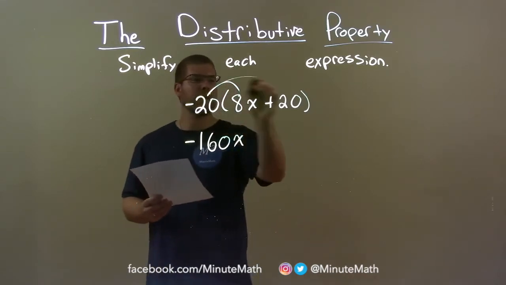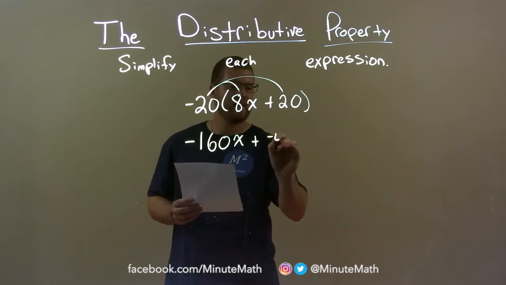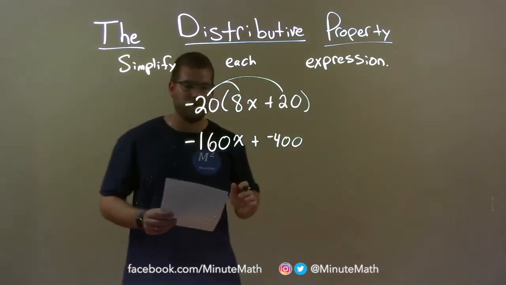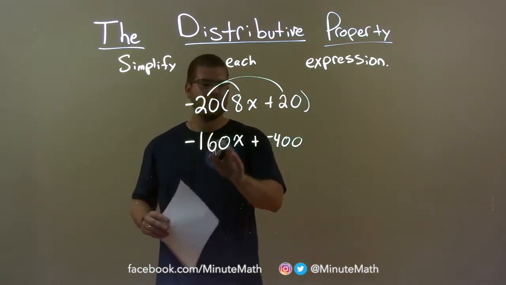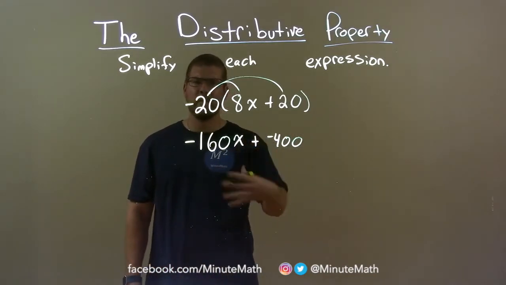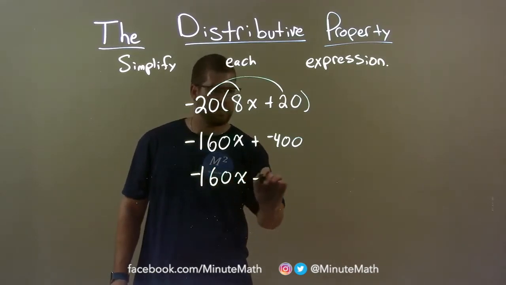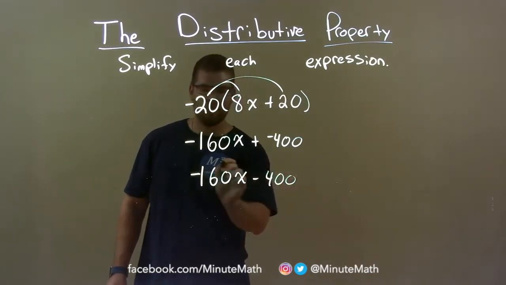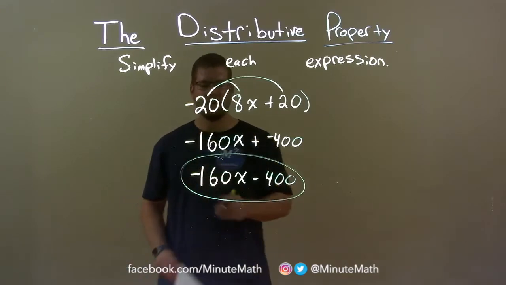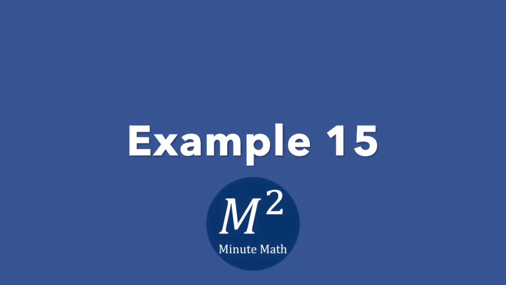And then negative 20 times 20, okay? Negative 20 times 20 is a negative 400, okay? So now we have negative 160x plus a negative 400. Well, adding a negative is the same thing as subtraction, so let's write it like that. And now we have our final answer, negative 160x minus 400.